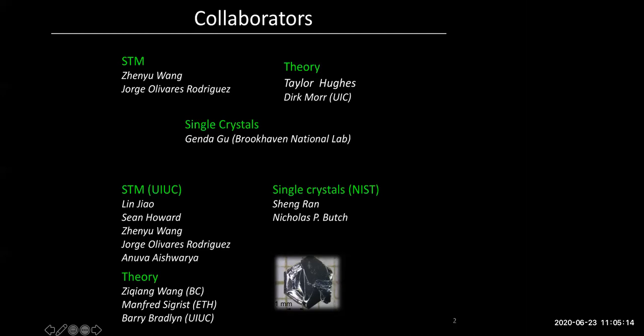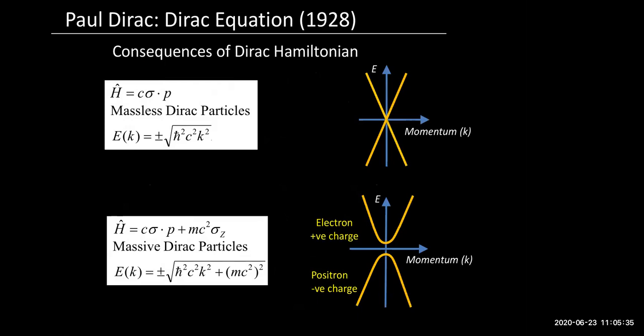And we're currently working with Barry to try and actually understand this data a bit more, because, I hope I can get to it, it's quite mysterious. And we have beautiful single crystals provided by Sheng Ran, who was actually a postdoc in Nick Butch's group at NIST.